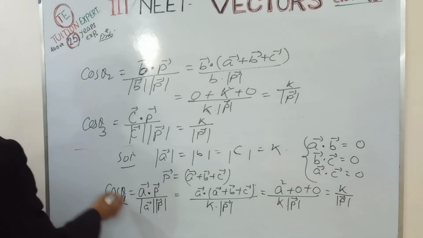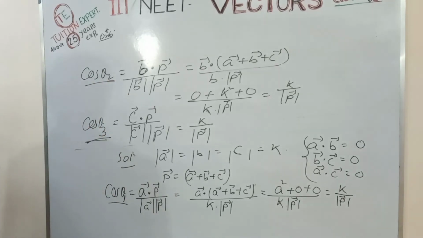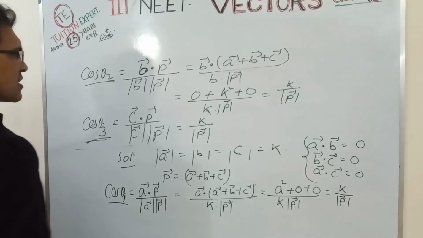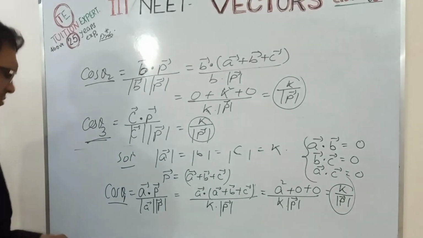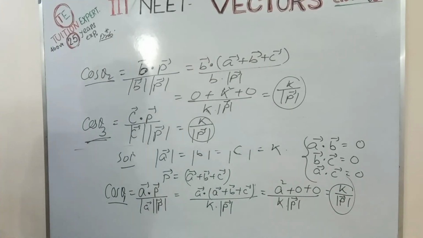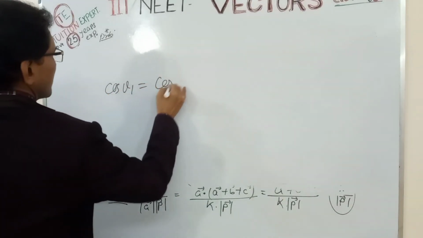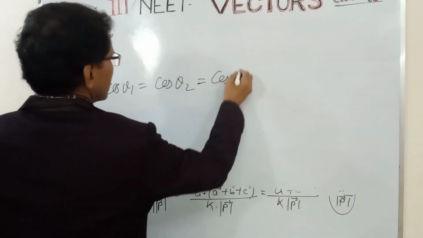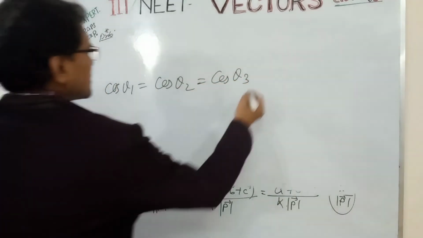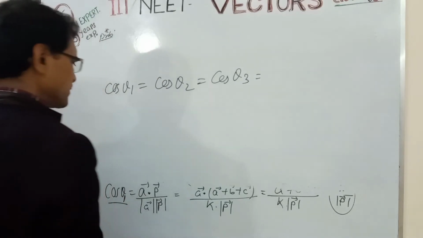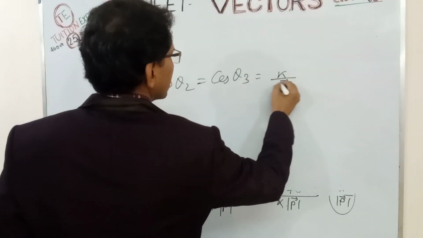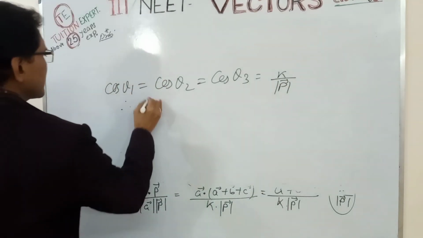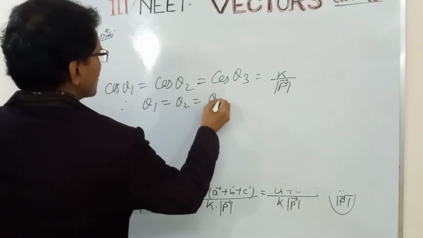Cos theta 1 equal to cos theta 2 equal to cos theta 3, which is equal to K by mod P. Therefore the three angles are equal.